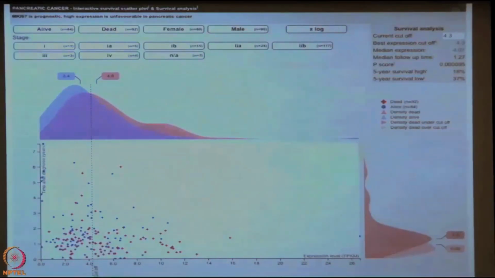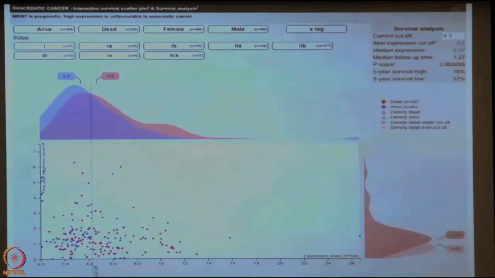So here you can see that if you have low levels of Ki67, the blue ones are the surviving patients. So low values of FPKM have a higher relative degree of surviving patients as compared to the ones with high proliferation, which are up here. So you can see that this is actually a very unfavorable biomarker.